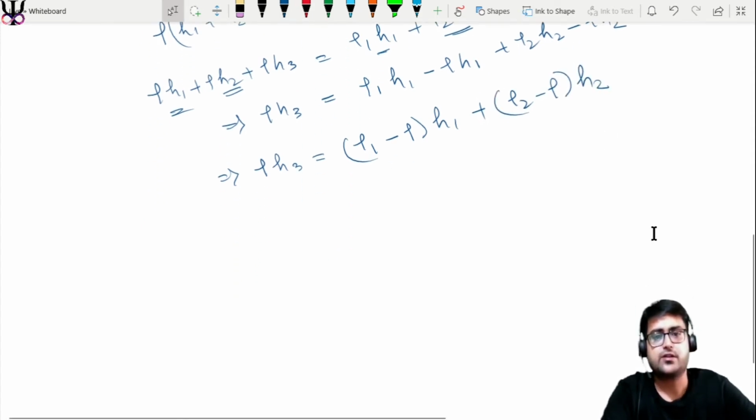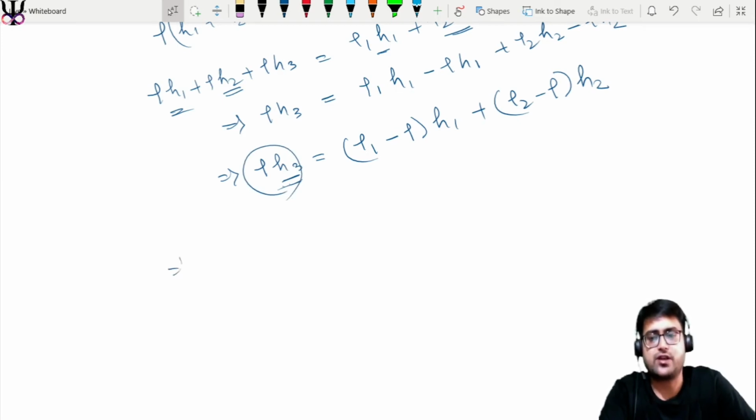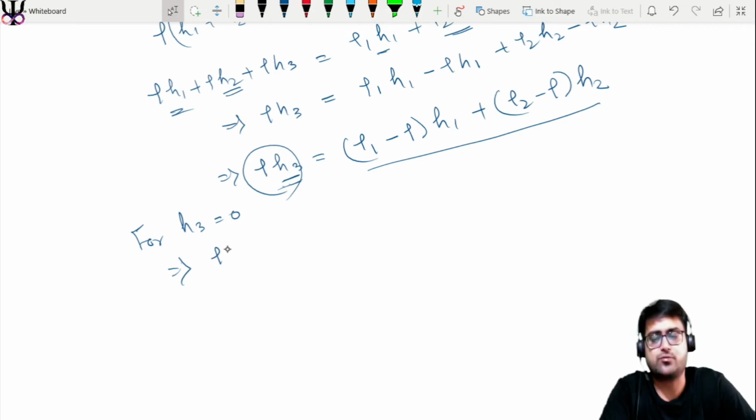See? So if H3 is 0, basically the entire left side is 0, right? So for H3 equal to 0, if H3 must be 0, then this total has to be equal to 0.